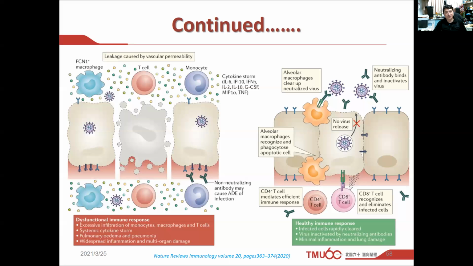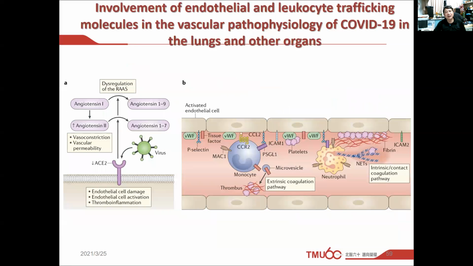So lastly, I go back again: the cytokine is sometimes like a knife. Sometimes it is good to kill the bad guy, but sometimes it is misguided and kills the good person also.